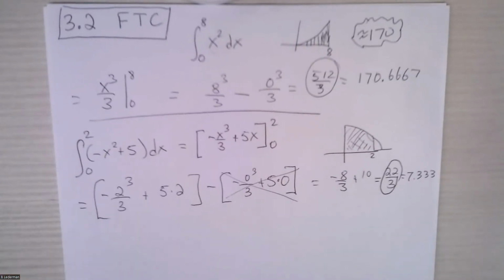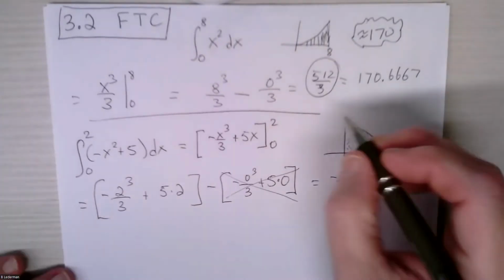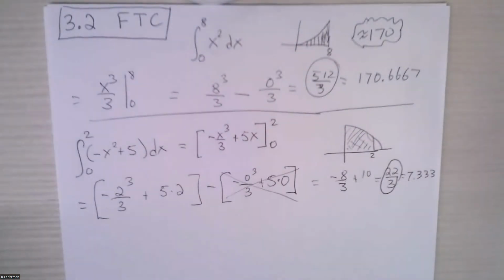Now, why am I so excited about this? Because if you recall, and you may not recall because you might be repressing the horrible memories, we did this exact same problem, drawing all the rectangles and stuff. And when we did that, what did we get? We got approximately 7.3.